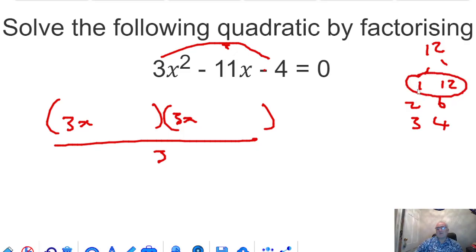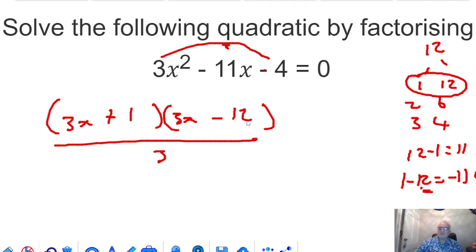So a positive and a negative means that I'm going to say 1 and 12. 12 take away 1 would give me 11. Okay, but 1 take away 12 would give me negative 11, so that's the one that I want. So 1 and negative 12.